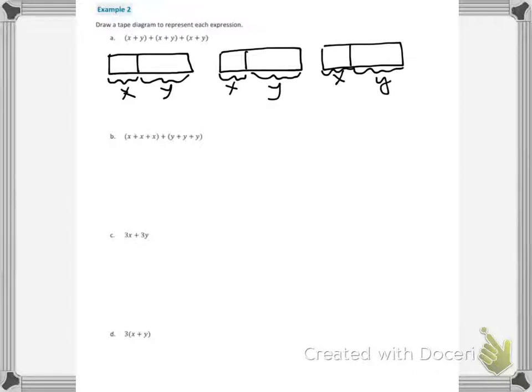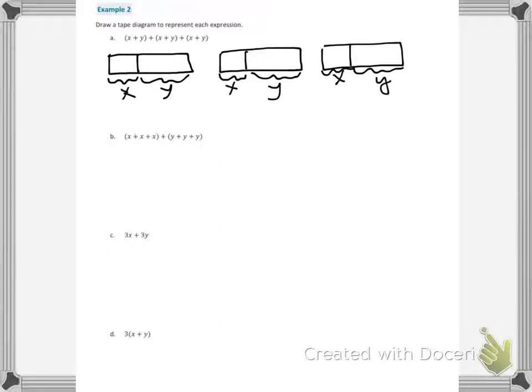All right. Now, B is a little bit different. It is asking us to do x plus x plus x plus y plus y plus y.